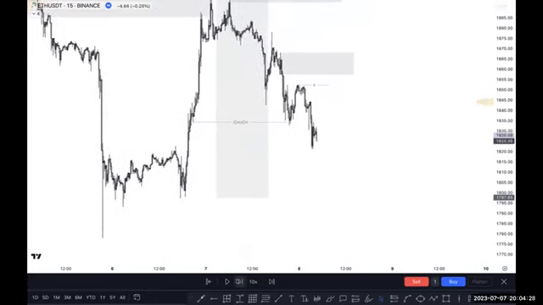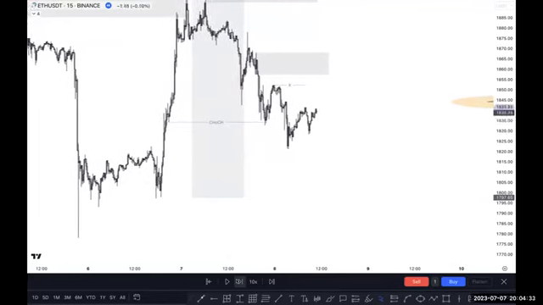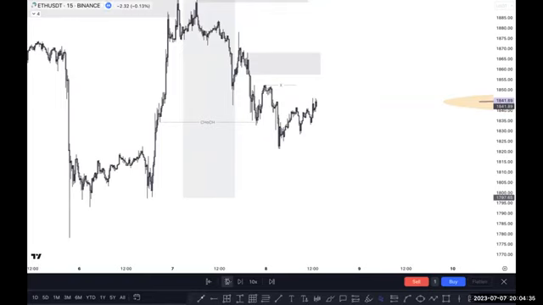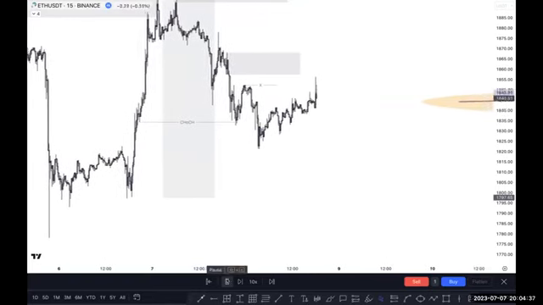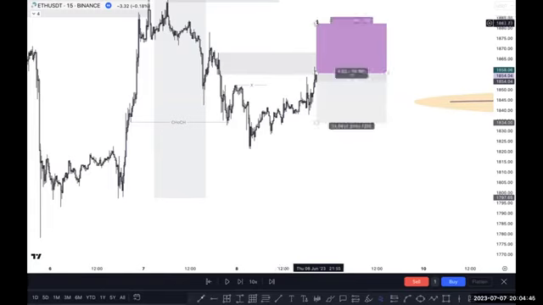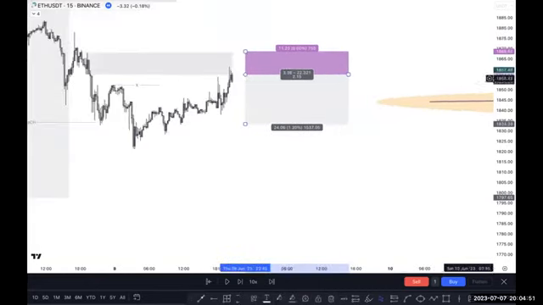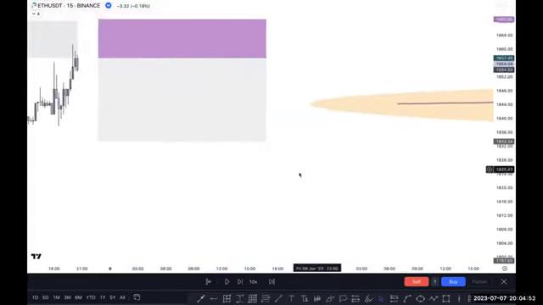Okay. So let's see what happens here. Price taps here, right? And you can put the stop loss just above it, right? But we can also take an additional confirmation like a single candle order block.